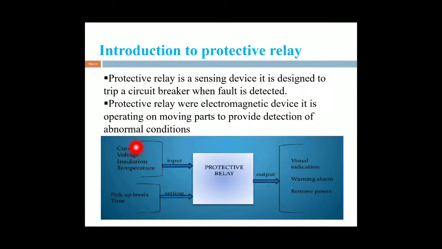The input is given from the current and voltage transformers, and temperatures, and the output is indicated by a warning alarm signal to the circuit breaker. This is the single line diagram of a protective relay. When a fault current flows through the relay coil, the relay senses that fault current and then gives the alarm signal, like this.